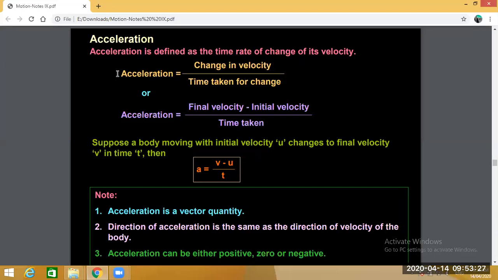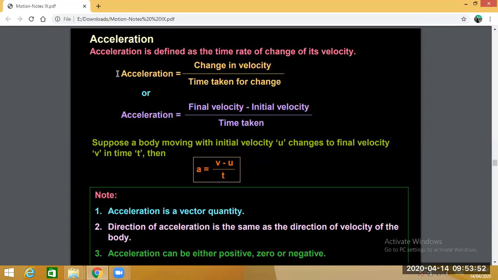As we have told you, if the position of an object continuously changes, then the rate of change of position is called velocity or speed. In this case, if velocity is continuously changing, then we say the rate of change of velocity is called acceleration.